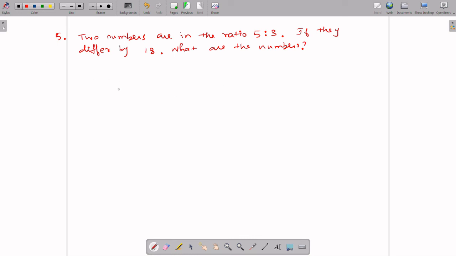So, what is the ratio given? The two numbers are in the ratio 5:3. Suppose we take the unknown number to be x.